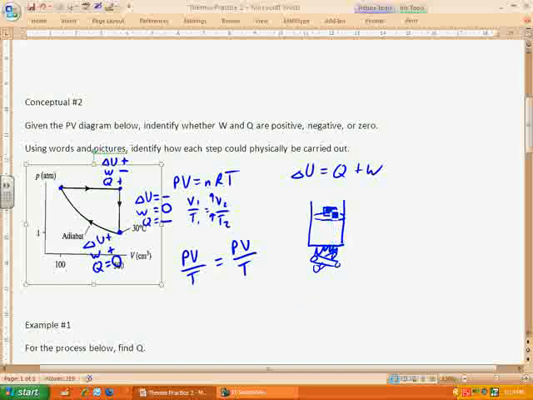That will keep the pressure the same, but the piston moving will allow it to change volume. So that's the first step. Now I've heated it up. The volume has changed. Still the same pressure because I still have the same mass on it. So I put the heat in.